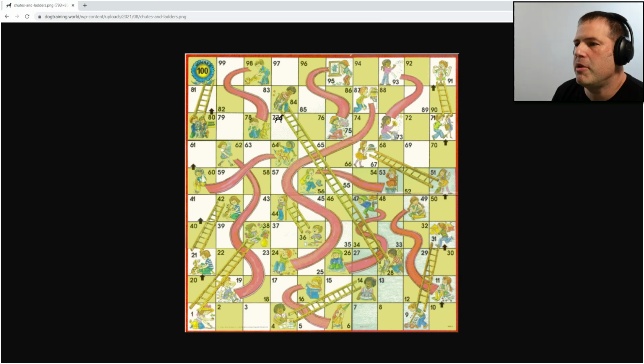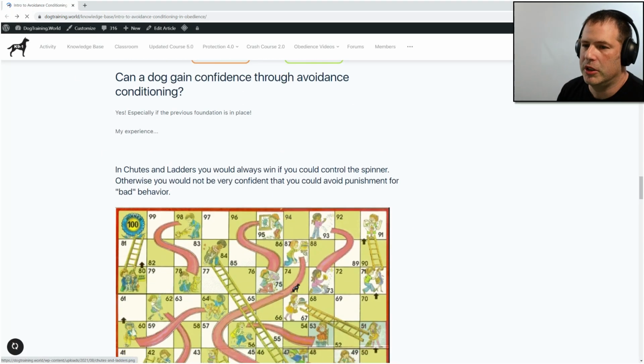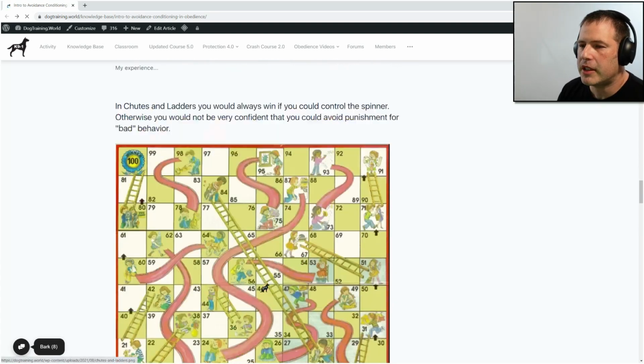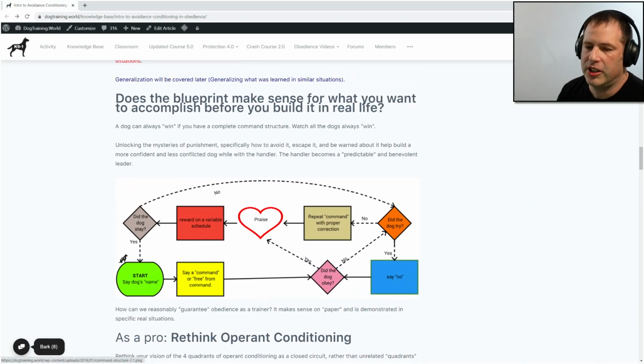But if you do a bad behavior, you go down a chute, right? And you go backwards and you get further away from your goal. But everyone, if you sort of spin the spinner enough times, eventually you win. You can get to the goal. Now what we're doing with the dog, all right, is look at this. Like this is Chutes and Ladders, all right?